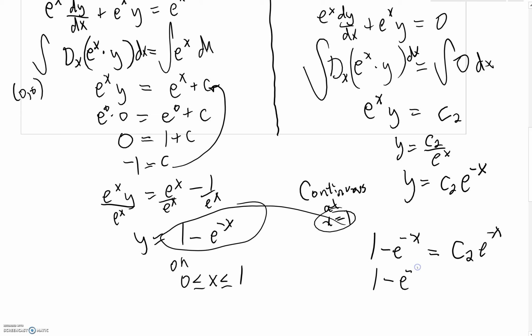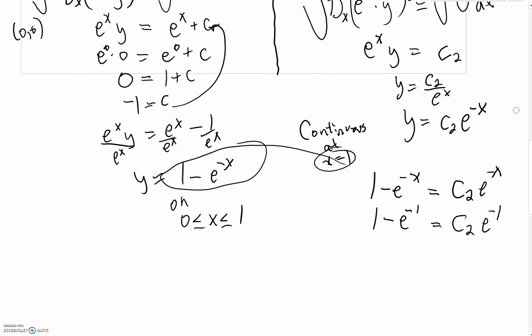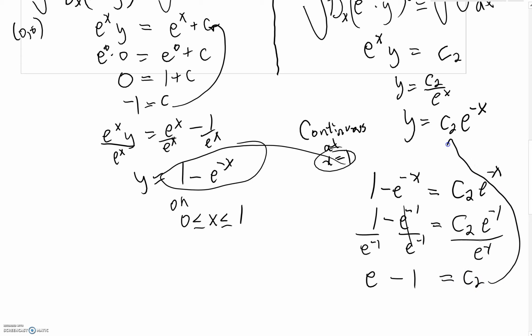So look, we're going to have e to the negative 1 right here. This is c2 e to the negative 1. And tell you what, I'm just going to divide everything by e to the negative 1. This is the reciprocal. It just becomes an e. This cancels out to just a 1 itself. Guys, look at that. You found your second constant.